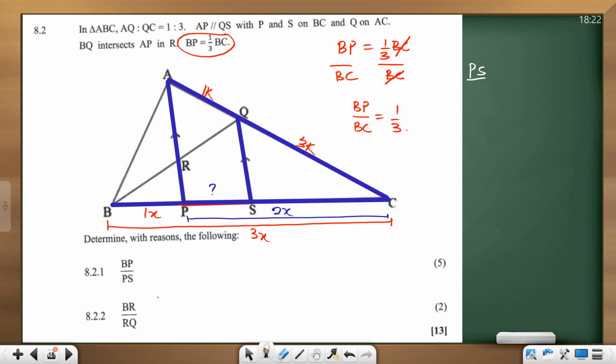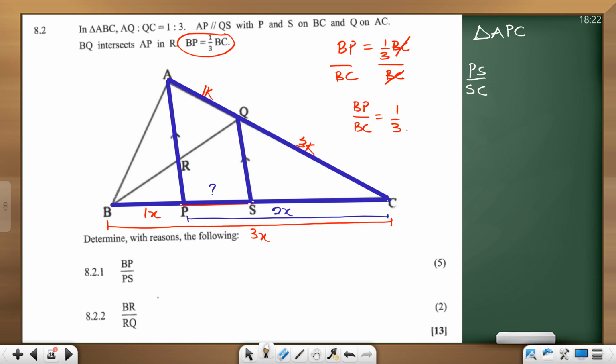PS over, if you like, SC, because we do know SC. So PS over SC would be equal to what? Let's consider triangle APC. PS, the first part, over SC, the remaining part.